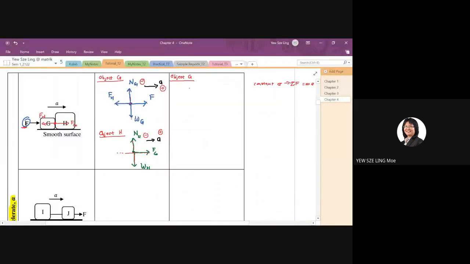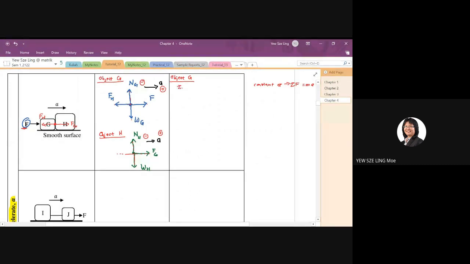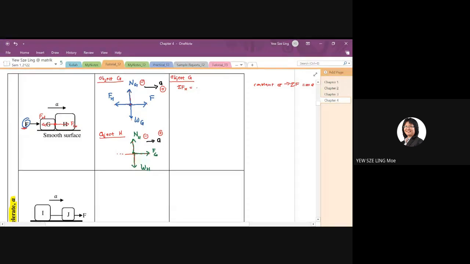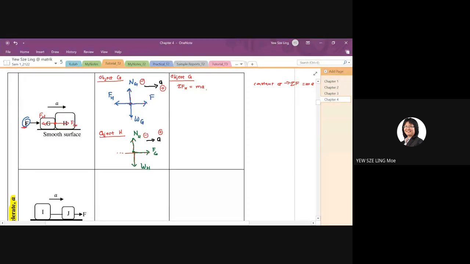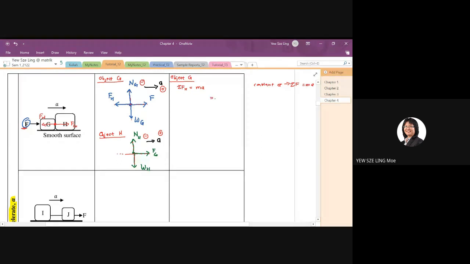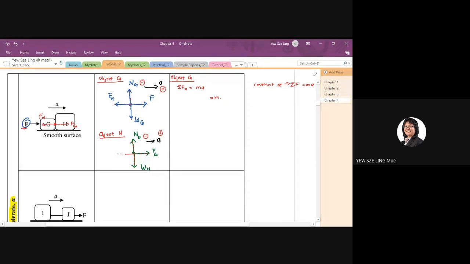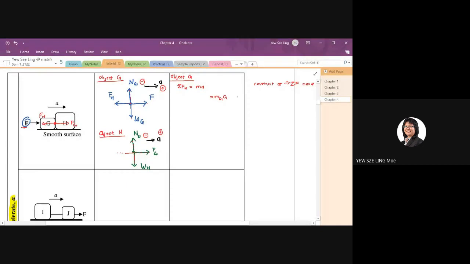So X component, summation Fx, now it's not equal to 0 anymore, it is equal to MA, because the object is moving with constant acceleration. Now I want to expand the left-hand side of the equation. You just leave the right-hand side, which is always equal to MA. You don't have to do anything about it. Just be careful because now you're looking at object G. So M for object G, MG A. Put a subscript here.